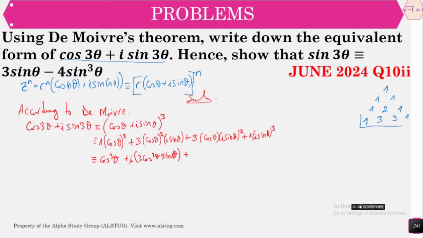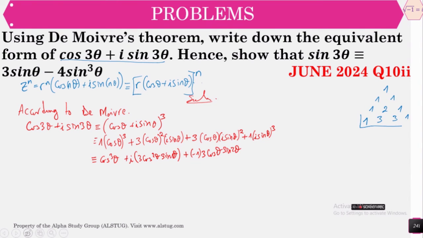Then we have plus, now i squared will be -1, so we have 3 cos theta sine squared theta, and here we are going to have i cubed.